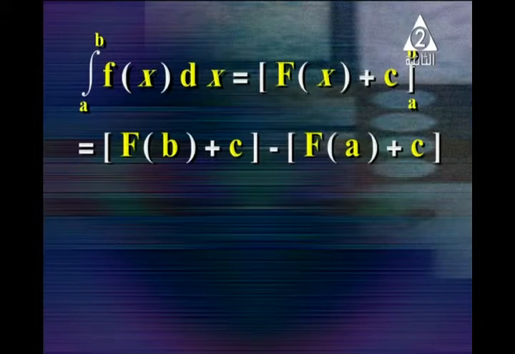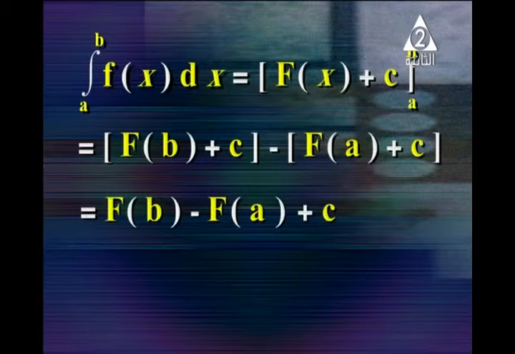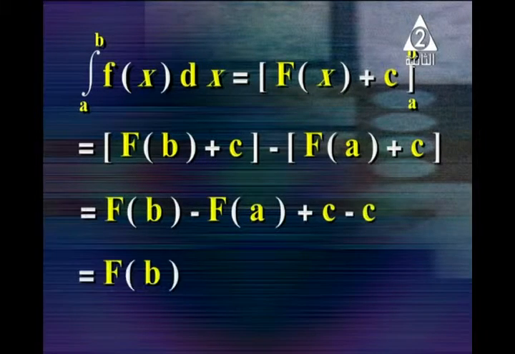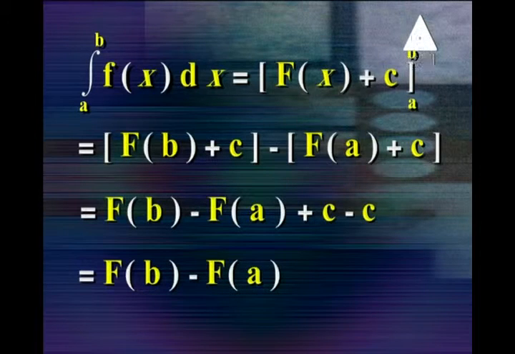Then the answer is [F(b) plus c] minus [F(a) plus c]. By omitting, c minus c equals 0. Then it becomes F(b) minus F(a) plus c minus c, which equals F(b) minus F(a).